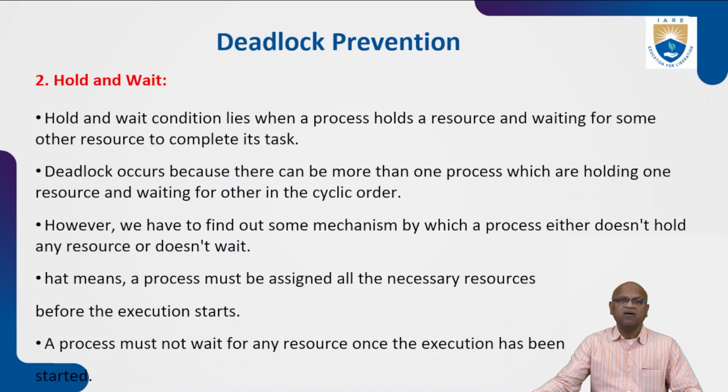So we have to find some mechanism by which a process either doesn't hold any resource or doesn't wait. So we make sure that it won't hold any resource while requesting another resource. That's called hold and wait. So we don't allow that condition.